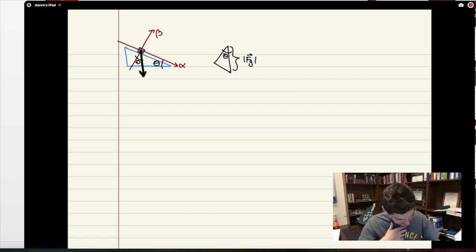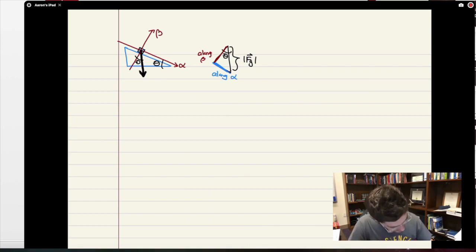And there is now a component, which I'll draw in red, this component here, which is the part along beta. And there's this part right here, which is the part along alpha, or up and down the ramp. So then, again, by SOHCAHTOA rules, I can look at which is the opposite side, which is the adjacent side.